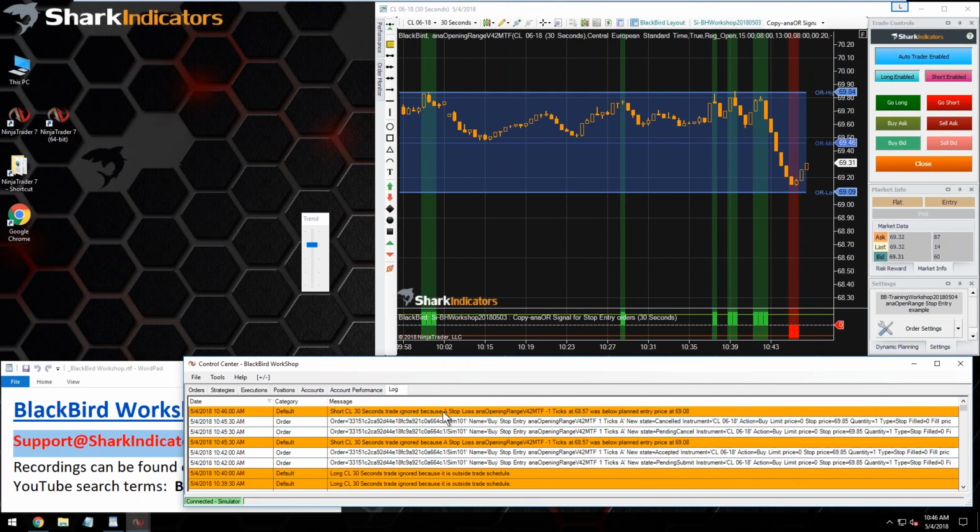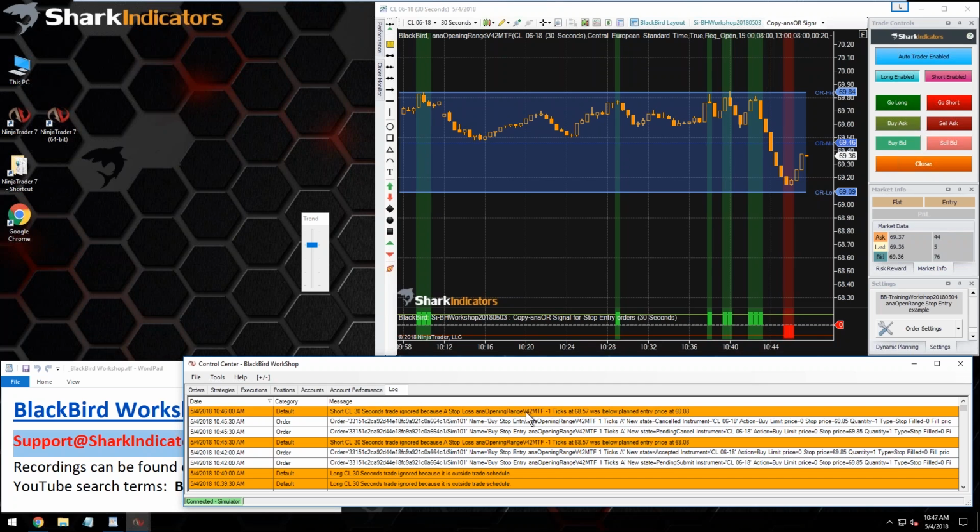because it looks like there's an indicator setting wrong here, right? So you can see I have the stop loss. It's telling me that the stop loss for order A minus is sitting at the opening range minus a tick at, let's see, 68.57.